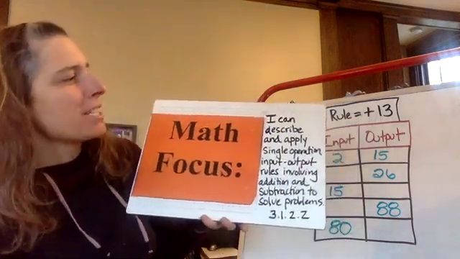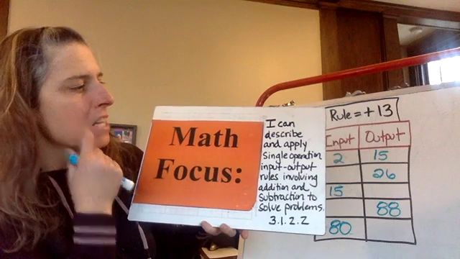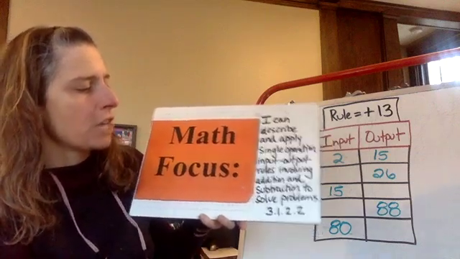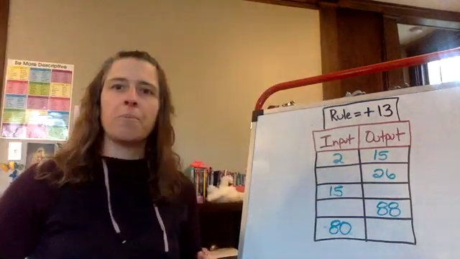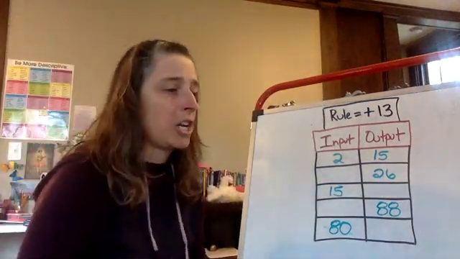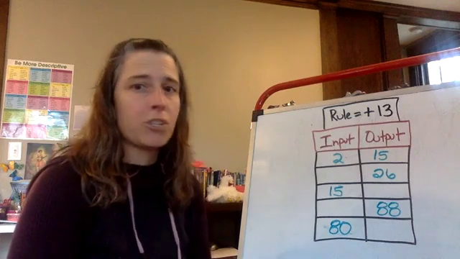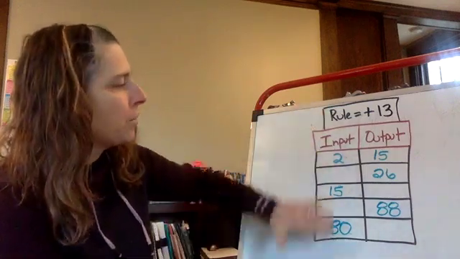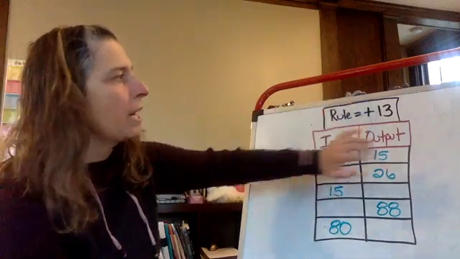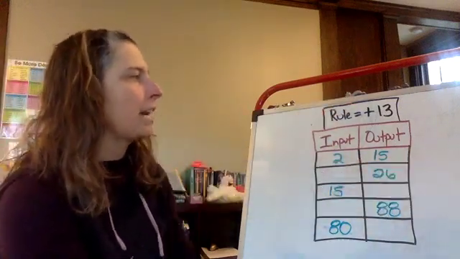So our math focus is I can describe and apply single operation input-output rules involving addition and subtraction to solve problems. Yesterday we looked at an input and output chart, and the input was all filled in on one side, and we knew our rule, and all we had to do was apply the rule to find the output.